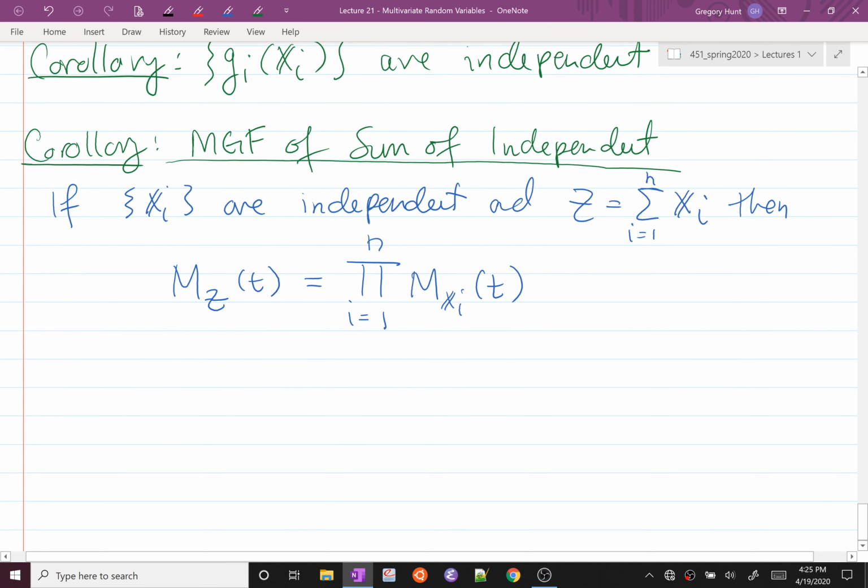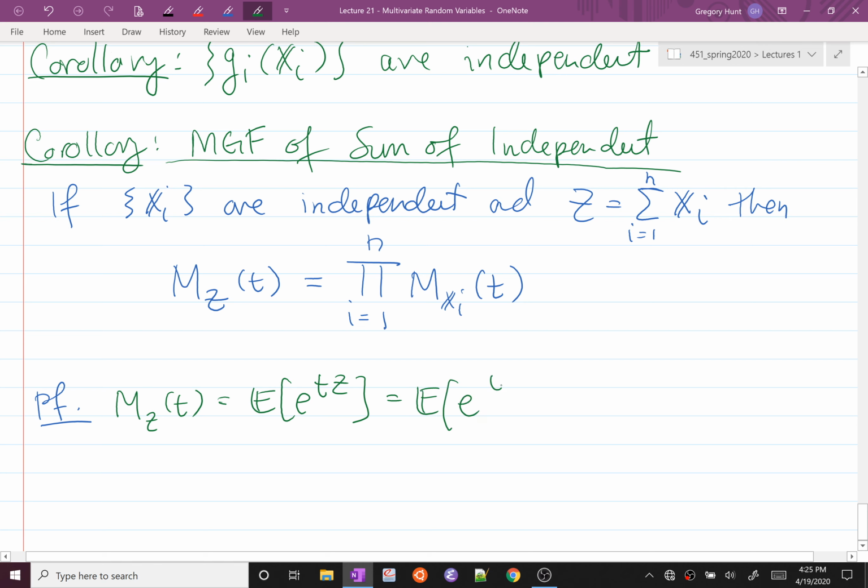The proof of this is actually straightforward enough. We can write it in one line. The moment generating function of Z at t is the expected value of e to the tZ.